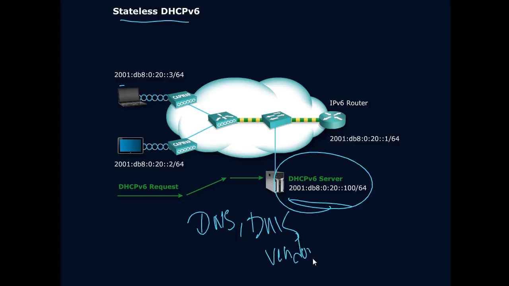We have any vendor options we want to include, 43 or 48 or some of those custom options where we can send additional information to the clients through the DHCPv6 server. So there's really two ways we can do this, stateful and stateless. With the stateless, we can rely on SLAAC to provide the router advertisement and get the addresses, but this additional information down there we can provide with that DHCPv6 server.